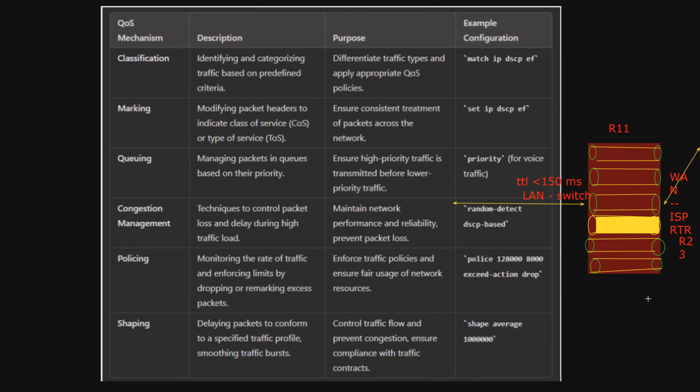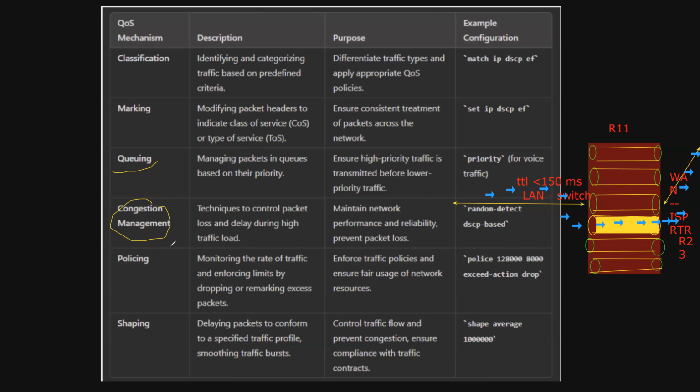Because we have done the classification and marking, the router, when it gets the traffic, will understand that this is related to voice. That means it should be delivered within a specified time. So I have to put such traffic in the queue that is high priority, where we have put some priority, some bandwidth reservation, some dedicated bandwidth, because it has to be delivered within less than 150 milliseconds. So that's the logic we have for classification and marking, and then the queuing.